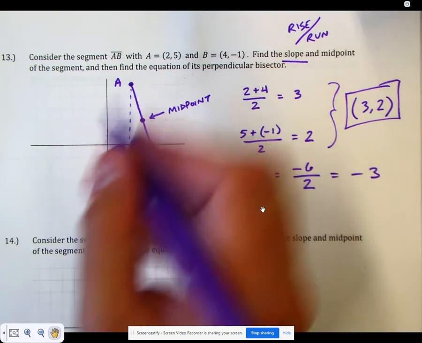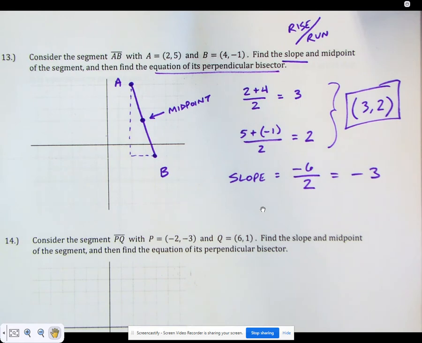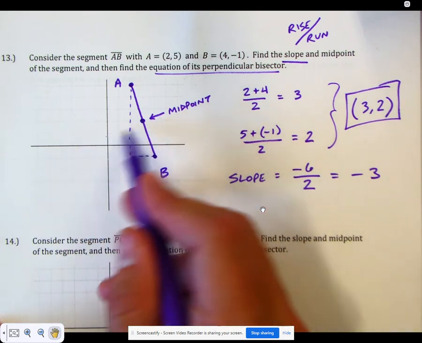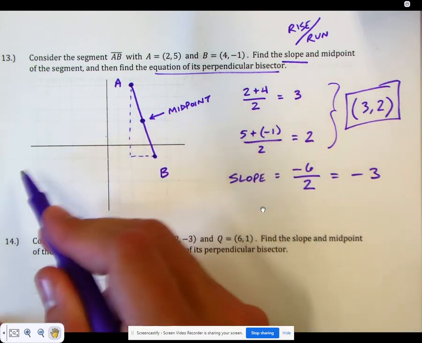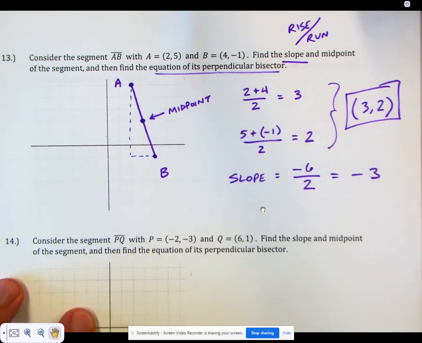And now it says the last thing we have to do is find the equation of the perpendicular bisector. All right, so what does that mean? Well, the perpendicular bisector is perpendicular to this segment. Sorry, this is where it gets a little tricky. You might go, wait, how do I know what the slope is of my perpendicular bisector?